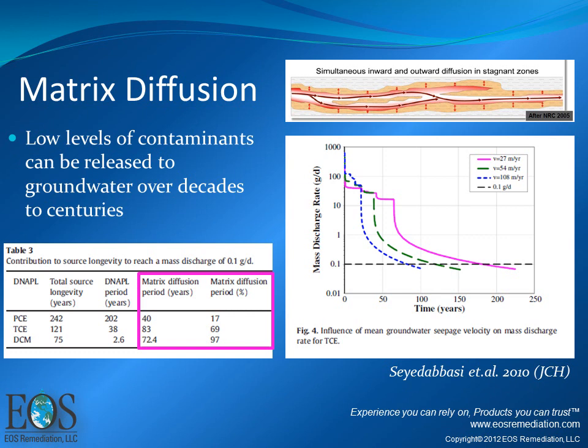Taking a closer look at some of this data, you can see in the pink highlighted table, the matrix diffusion period for PCE on average can be about 40 years, and for TCE this is up to about 80 years. And the interesting thing to look at here is the percent of longevity of the source area that is matrix diffusion. For PCE, about 20%, because your DNAPL period can be so extensive.